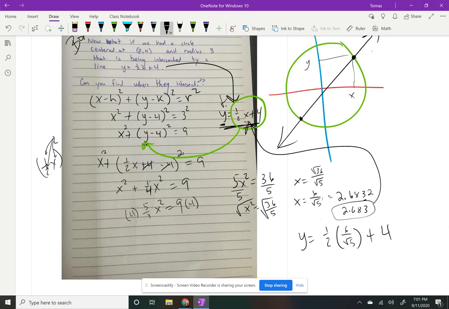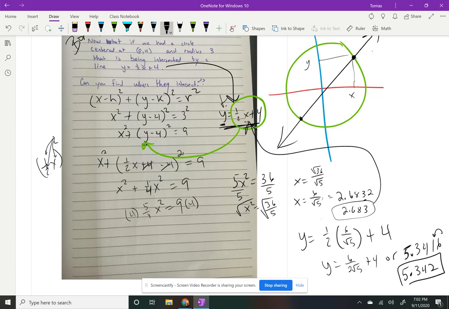So I just plug that in, and you could actually just go 6/2 square root of 5 plus 4. Or the decimal would be 5.3416, but I'm going to go to the third decimal place, so 5.342.